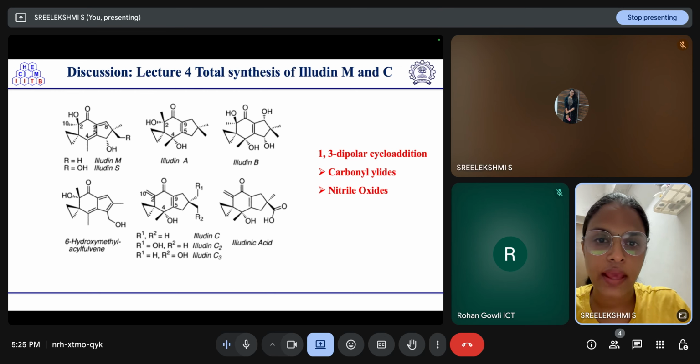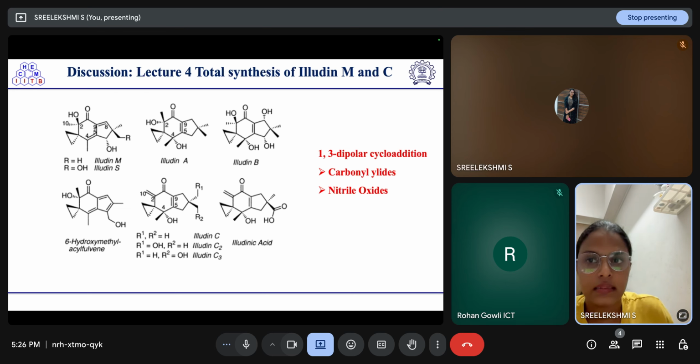The mechanism of action is in such a way that, if we see, there are several Michael acceptors in this molecule. So this can act as a Michael acceptor. A nucleophile can attack at this position, which will result in an OH here. And then another nucleophile can attack at the cyclopropane ring and open the cyclopropane ring.